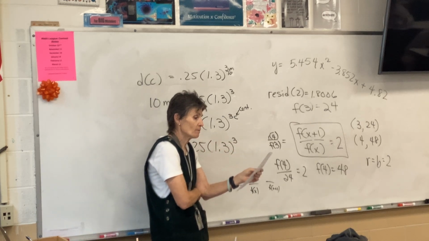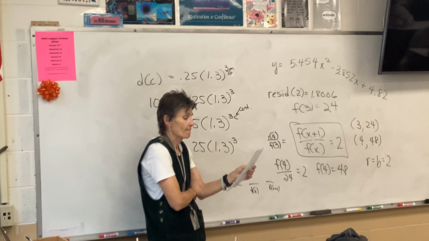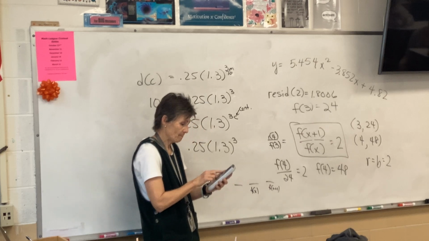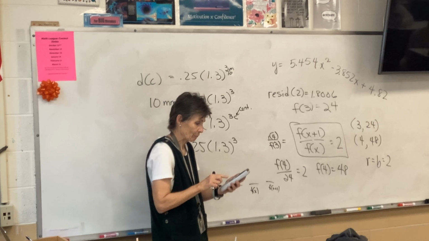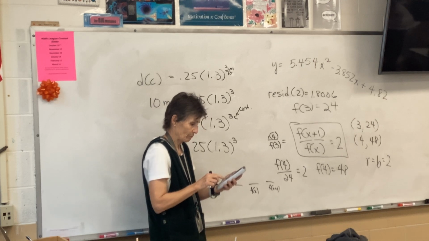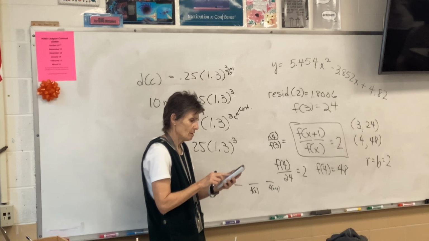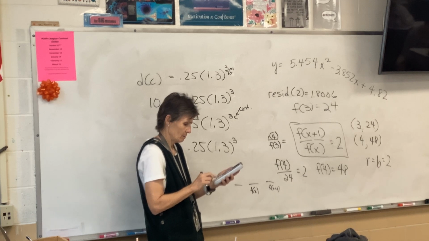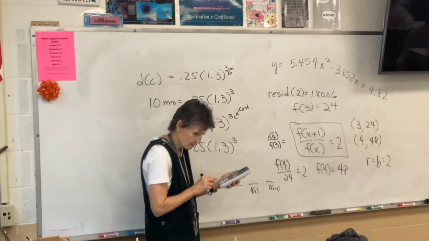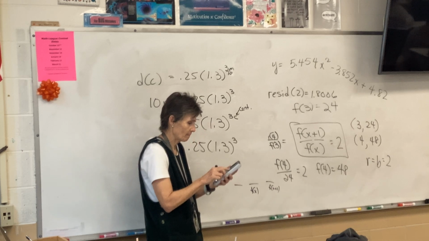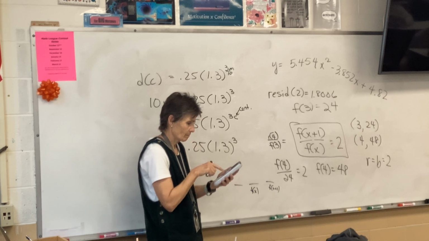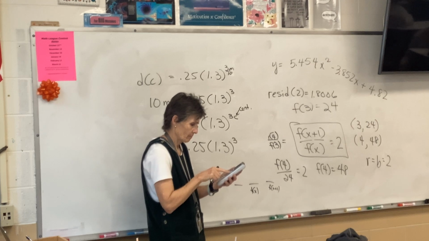Find the year in which the number of iPhones is 200 million. How are we going to do that? I'm graphing. Anybody else graphing?